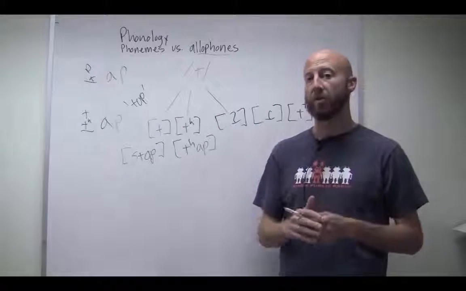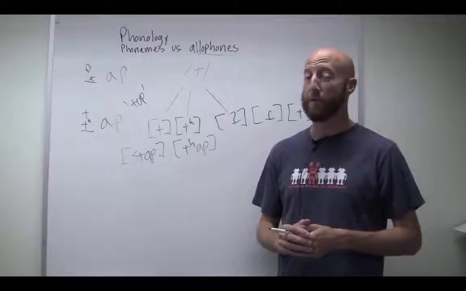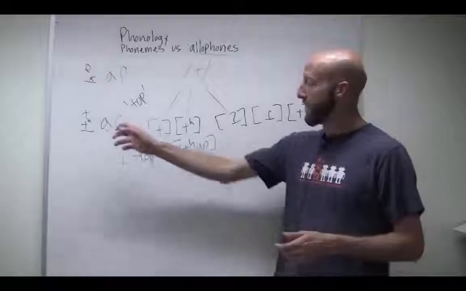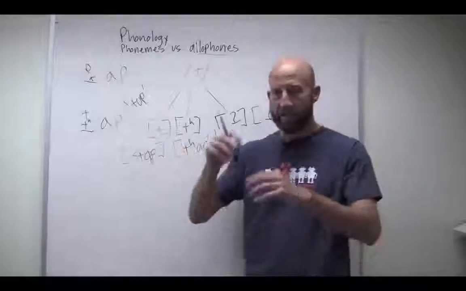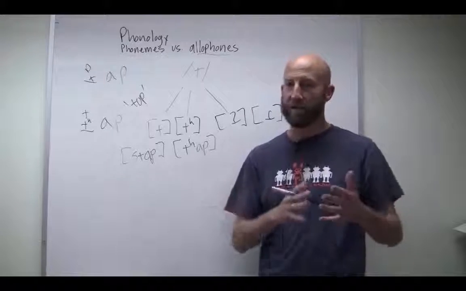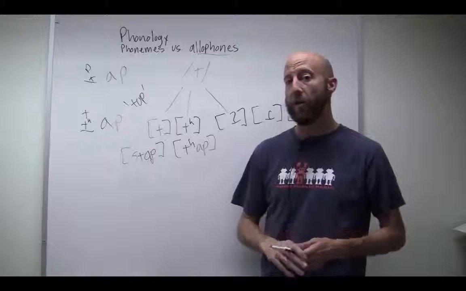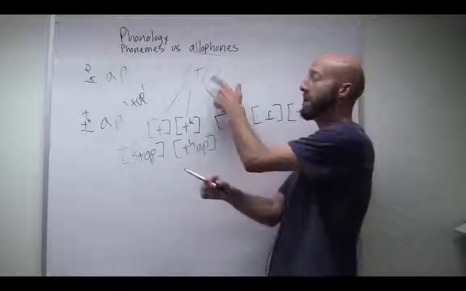If you do that and it results in two different words with two different meanings, you're talking about two different phonemes. And if, like in this word, top, you switch the sounds around, but it doesn't result in a change of meaning, maybe just a different pronunciation, that tells you that those sounds in question are allophones of the same phoneme.